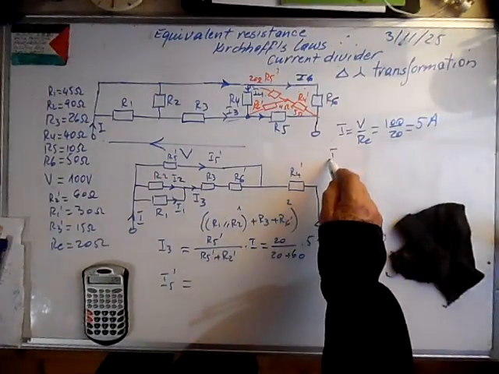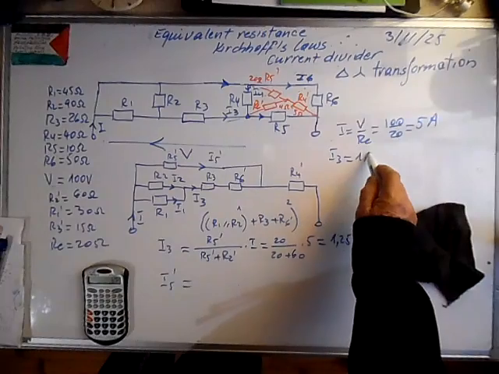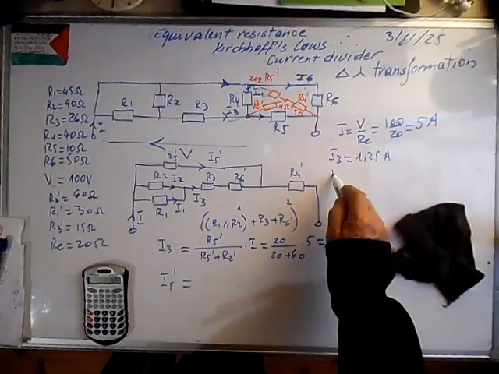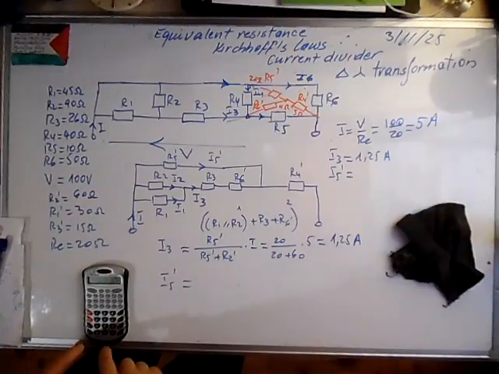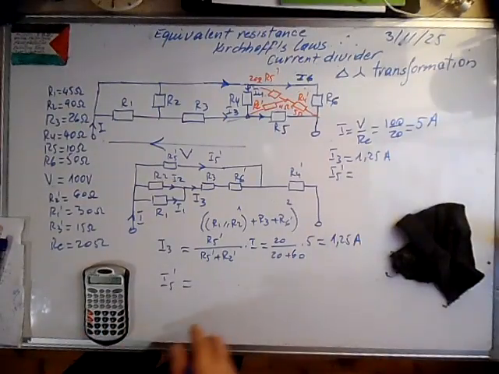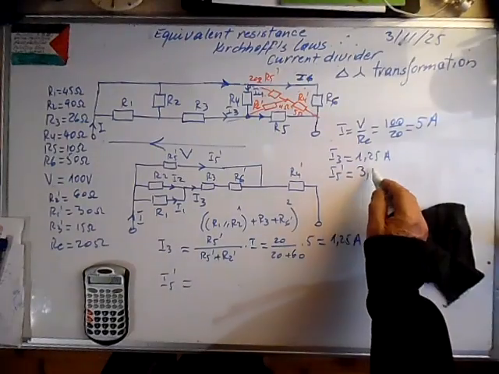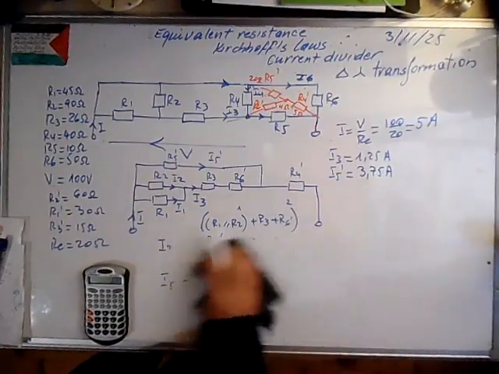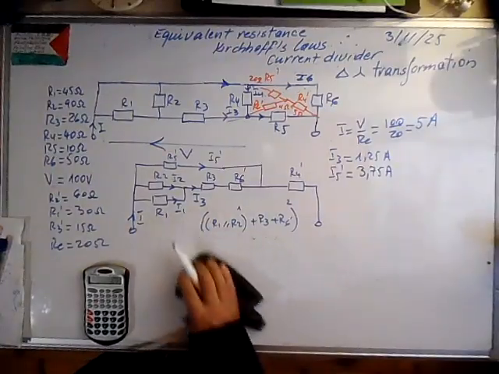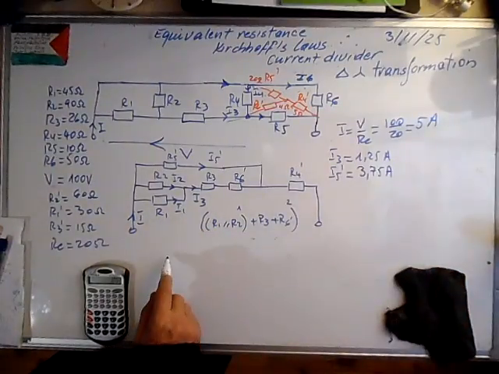I3 is 1.25 amps. It means that I5 prime is equal to 5 minus 1.25, which is 3.75 amps. Okay, once we know I3, we can calculate I2 and I1.